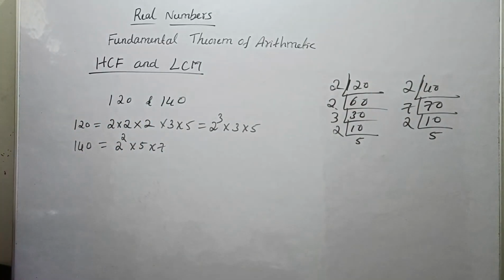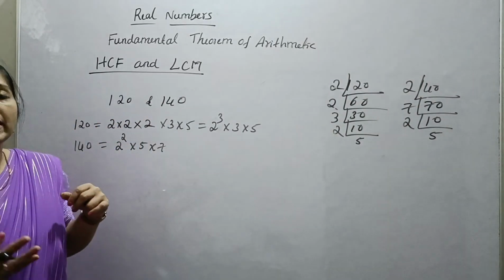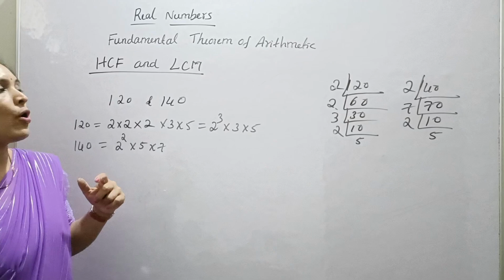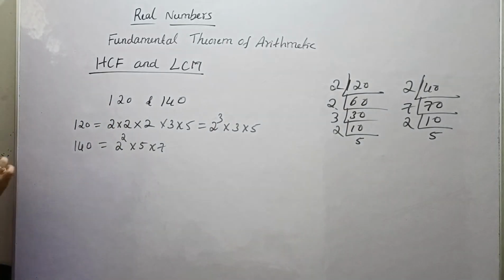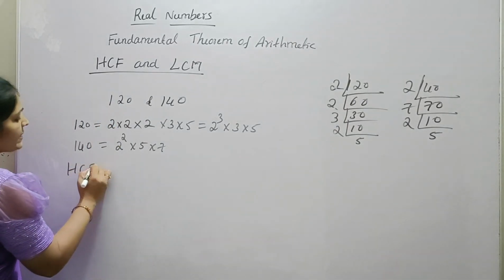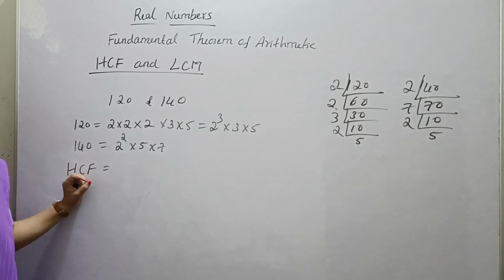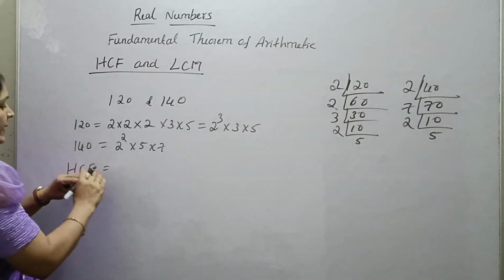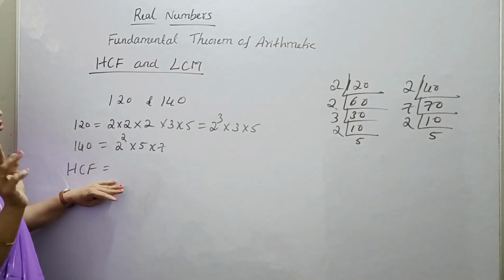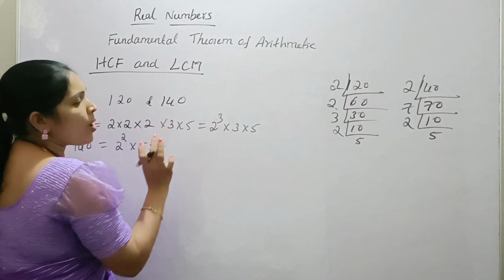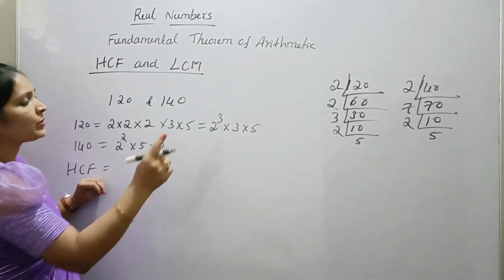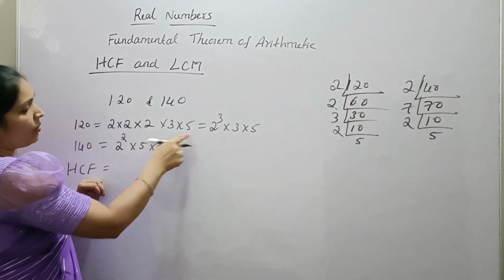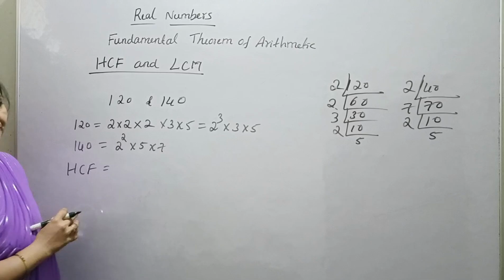Now let's see how to find HCF and LCM of these two numbers. HCF is nothing but the highest common factor. What is common here? The common factors are 2 and 5.